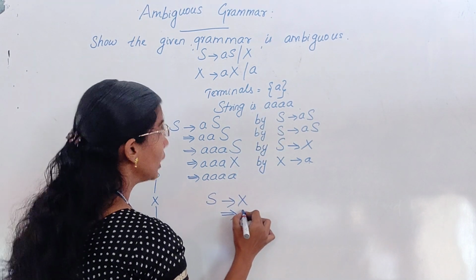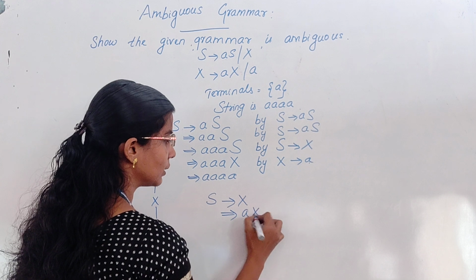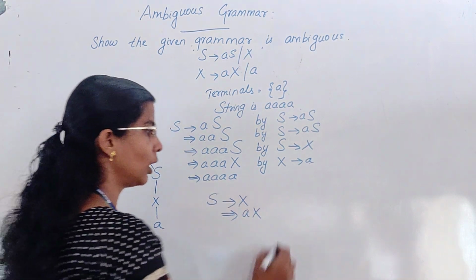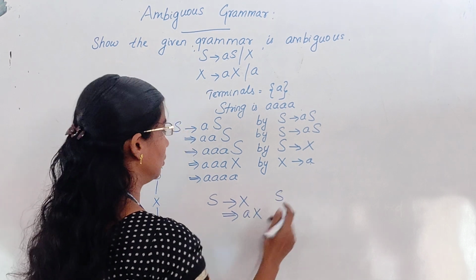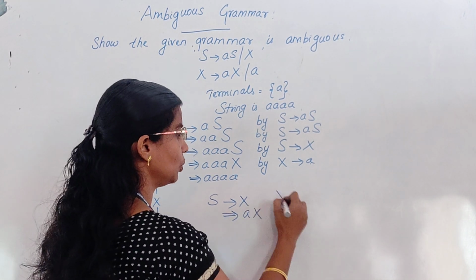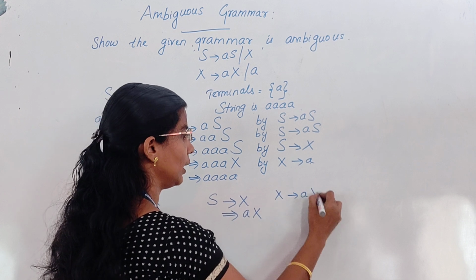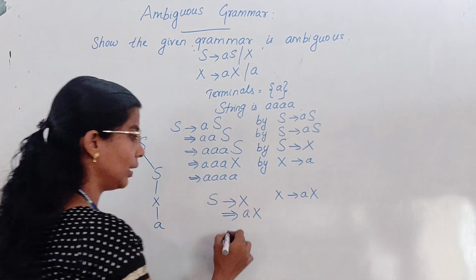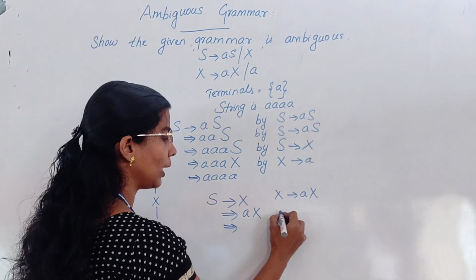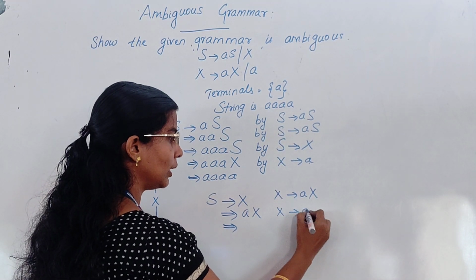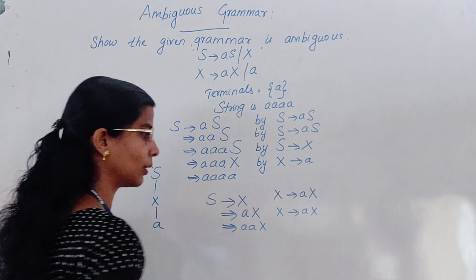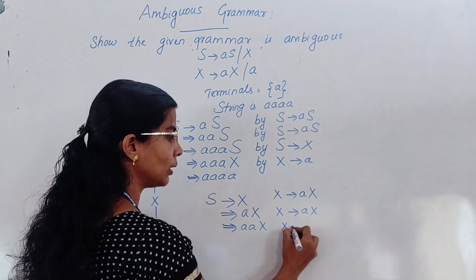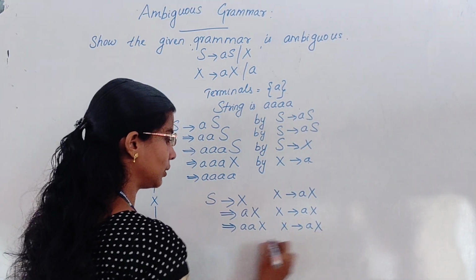So X, A, X. Which production have I used? X tends to AX. Next, again I use the same production, AX. Here also I am using the same production, AX.